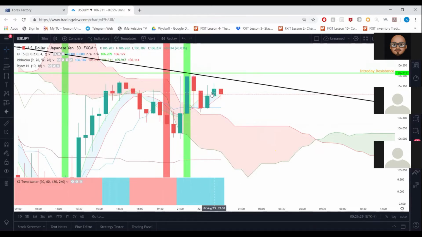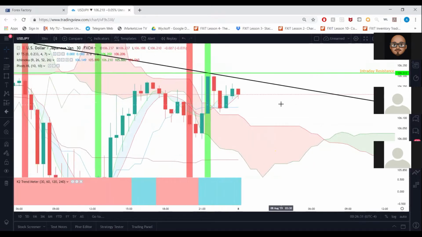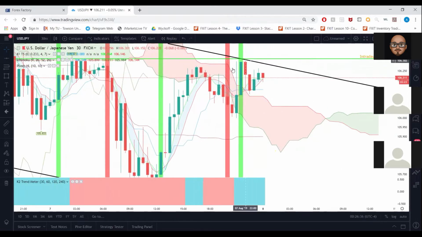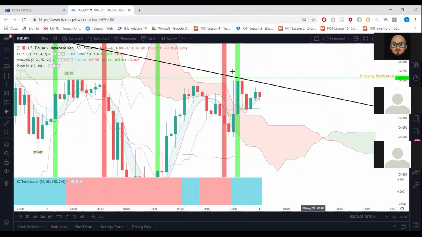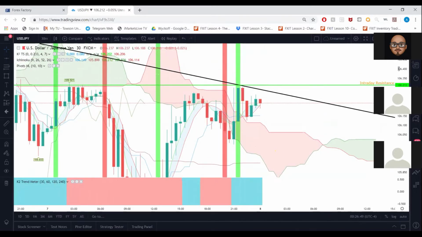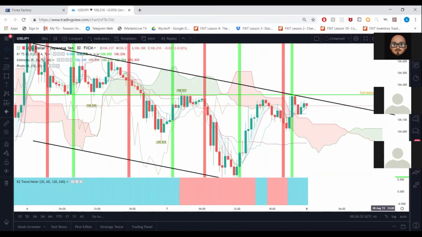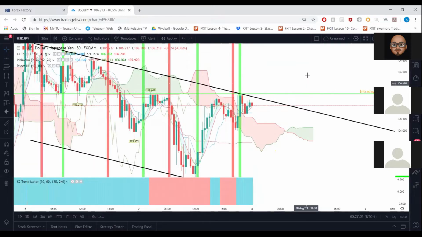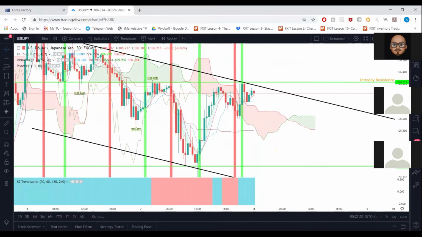Like I said earlier, I personally also see this coming back down, because all this did, to find some justification for this bullish move, was come to retest the intraday resistance and the top of the channel, and we are in the descending channel. So this is still a bearish market, and we have two different confluences here that this should continue the downtrend.